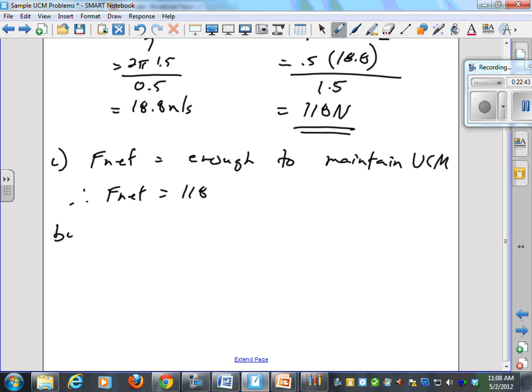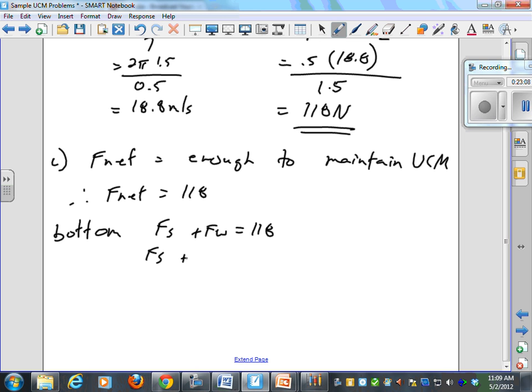At the bottom, the string force plus the weight force has to equal 118.